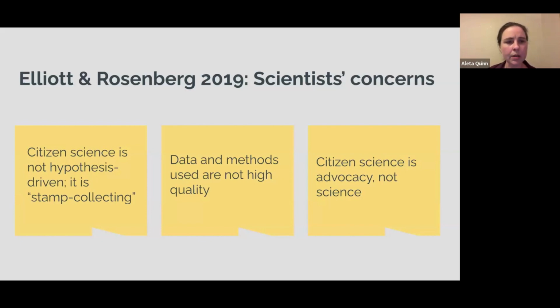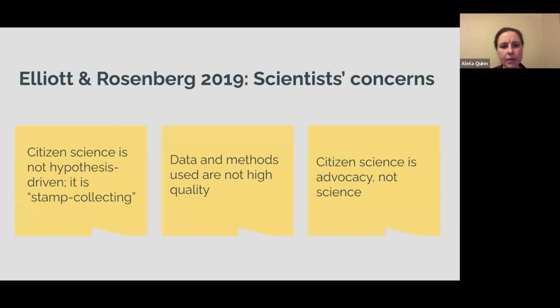So Elliott and Rosenberg had some funding to put together essentially a focus group at a workshop. And they asked professional scientists and also folks who had been involved with community science projects what concerns had been raised. And they had discussions and they were able to analyze the general concerns into three main points.